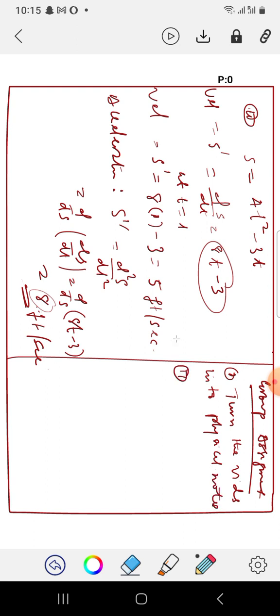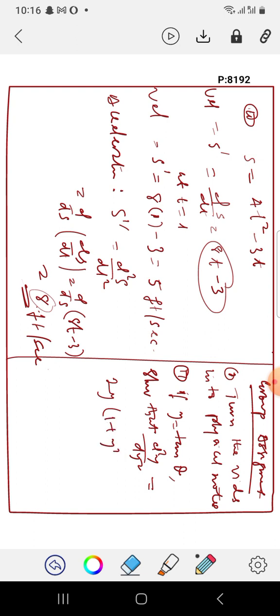Second, if y equals tan theta, show that d squared y over dy squared equals 2y into 1 plus y squared, where of course y equals tan theta. Okay, do that.